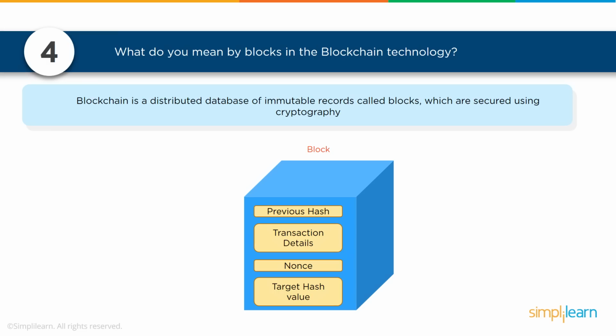What do you mean by blocks in blockchain technology? What is the definition of a block? Blockchain is a distributed database of immutable records called blocks, which are secured using cryptography. There are certain attributes of a block which are displayed here: previous hash, transaction details, nonce, and a target hash value.